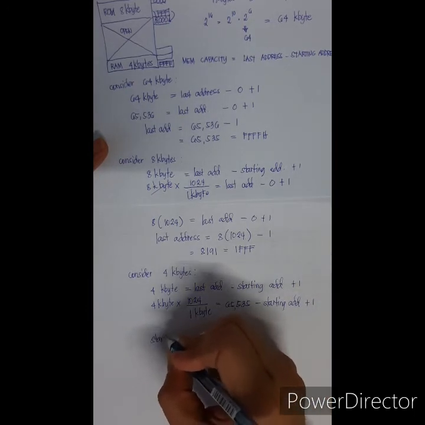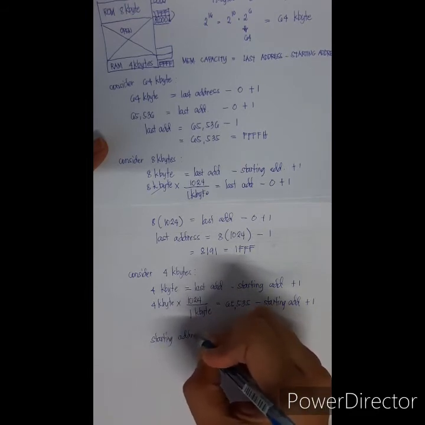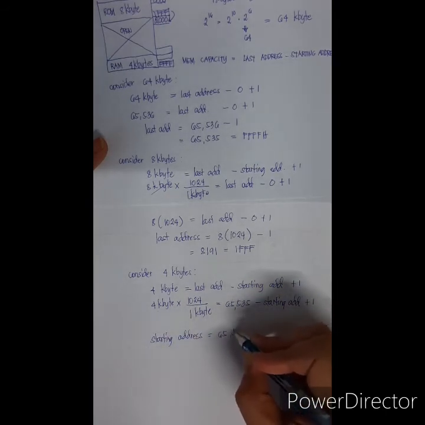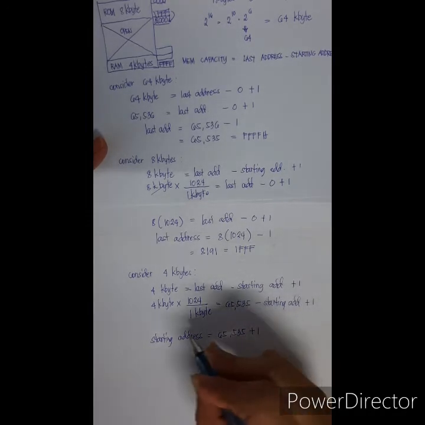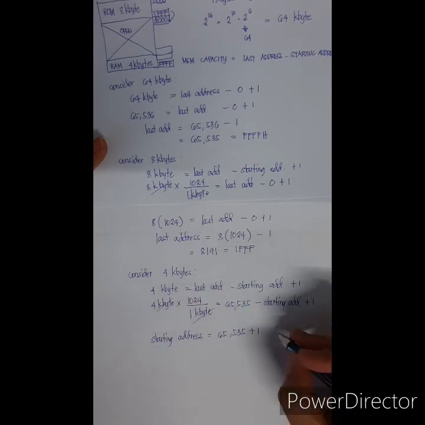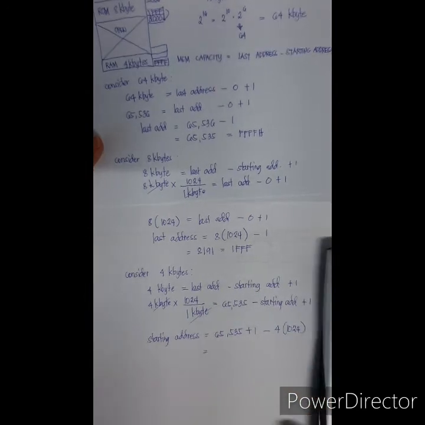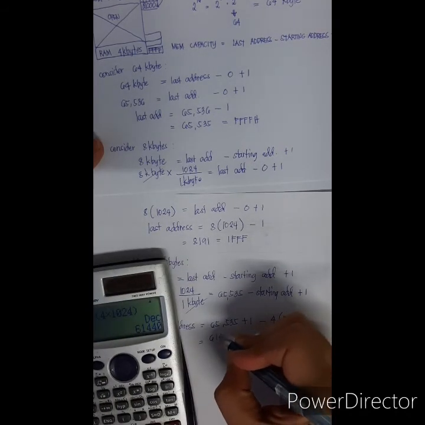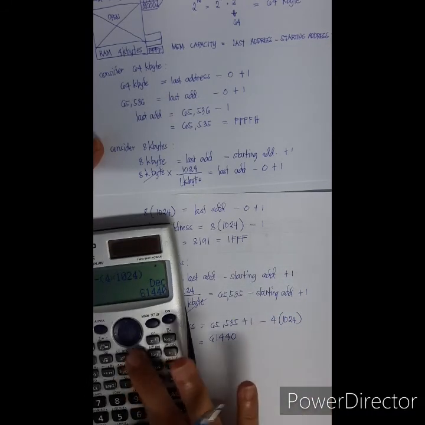So, the starting address is equivalent to, okay, let me interchange, 65,535 plus 1, and then minus 4 times 1024. The value is in decimal form, so decimal, 65535 plus 1 minus 4 times 1024. The value is 61440. Let us convert that to hexadecimal.